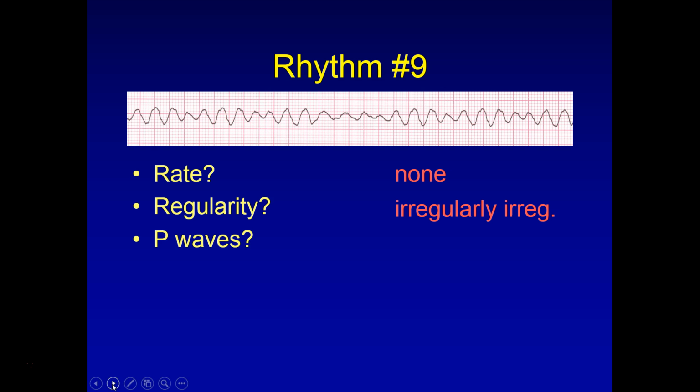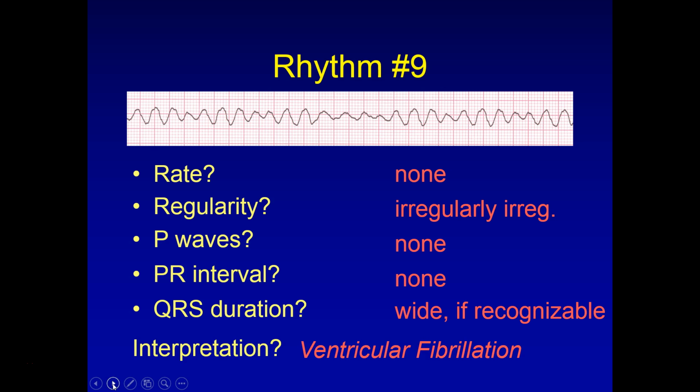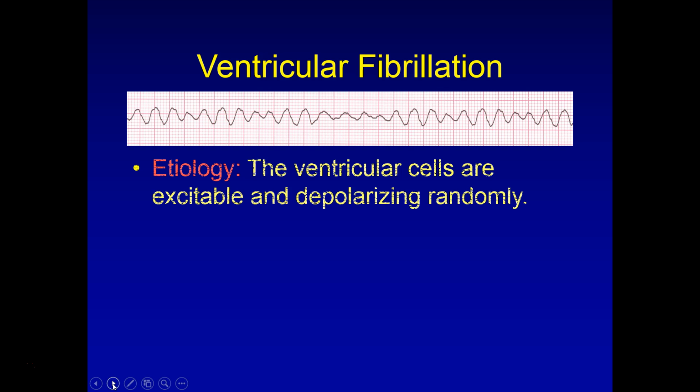Okay, so it's irregular. Now, I have no discernible waves or intervals whatsoever. So this is the hallmark sign of ventricular fibrillation. And obviously this is completely abnormal. The ventricular cells are excitable and just depolarizing randomly with no set order.